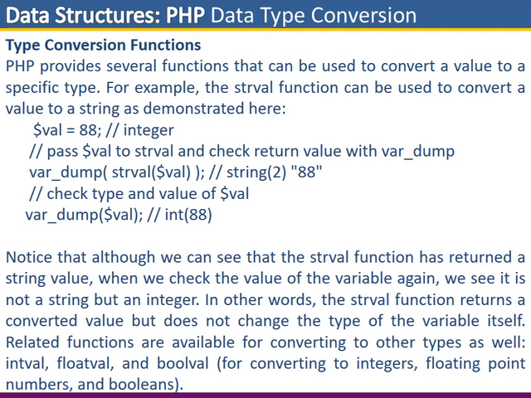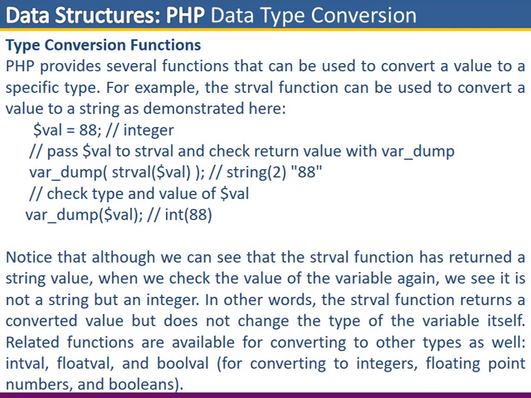When we check it from our code above, it's not a string but an integer value. In other words, the strval function returns a converted value but does not change the type of the variable itself.